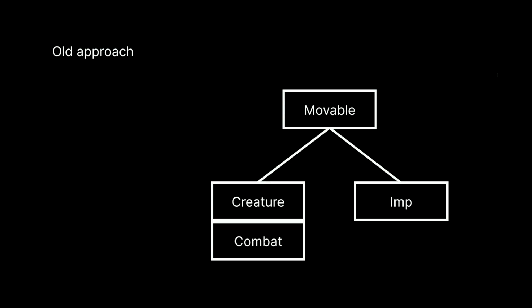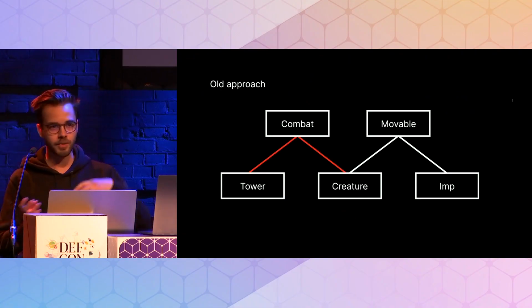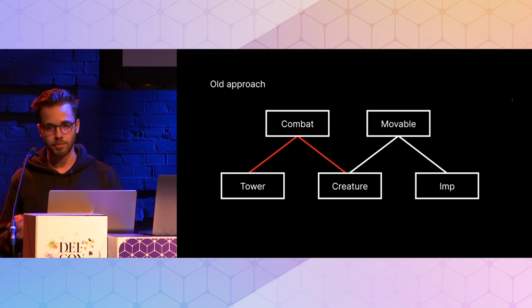But now the point where we run into problems is, at some point we thought, okay, it would be interesting to have a defense tower which can also take part in combat. But now what do we do? Ideally, we would have some parent class combat which implements the logic and data for combat, and then extend creature and tower from this combat class. But that's obviously not possible with classic hierarchical class-based architectures.